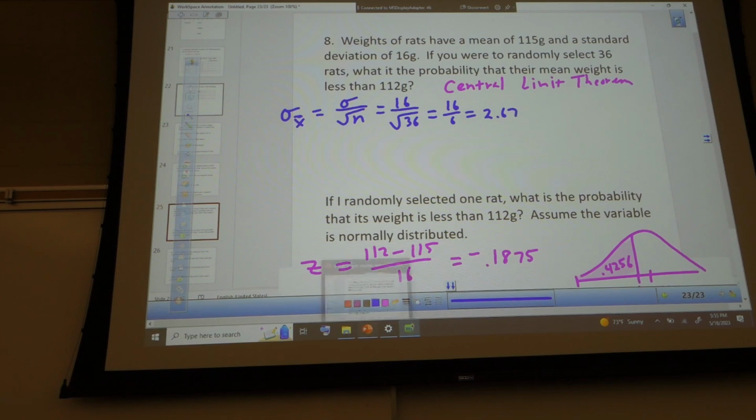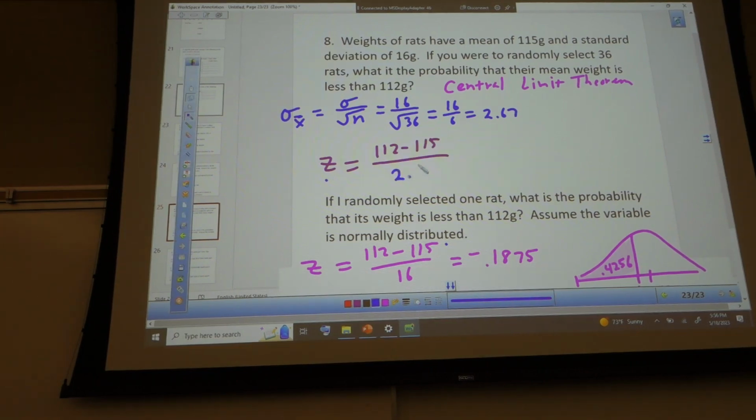Okay, so when I do my z-score, 112 minus 115, instead of doing 16 here, I'm going to put in 2.67, sigma x bar.